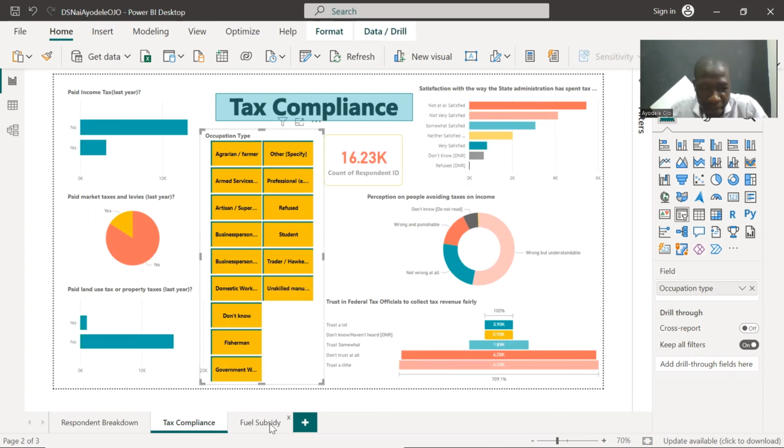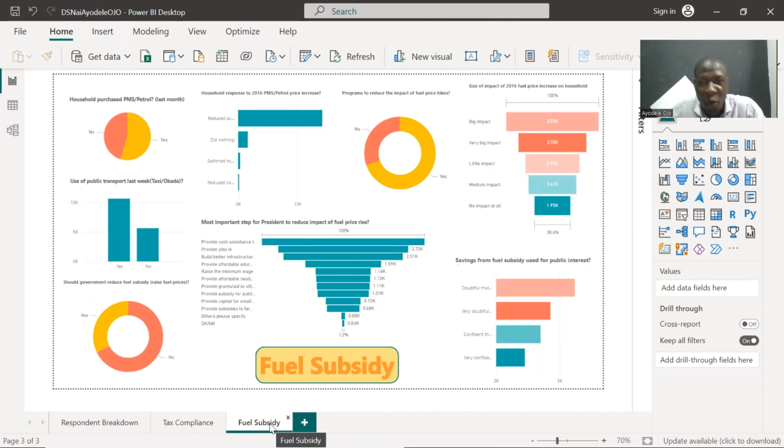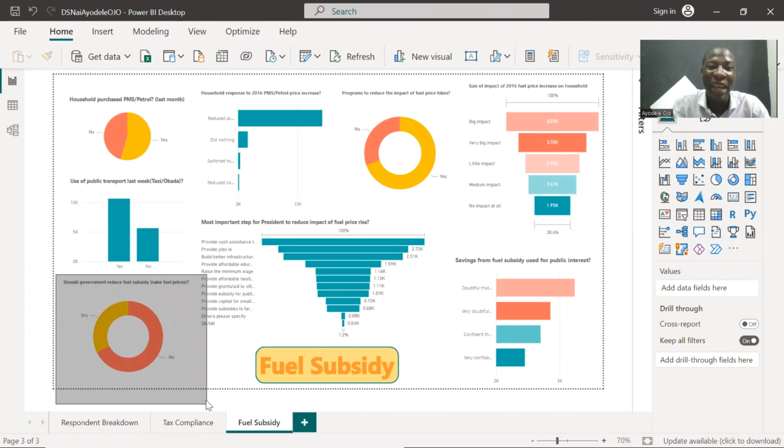So let's just see that. From the data we're given, we saw that many people don't want government to reduce or remove fuel subsidy. But government have done that now. You can see that many are in the no category. They don't want government to remove fuel subsidy.